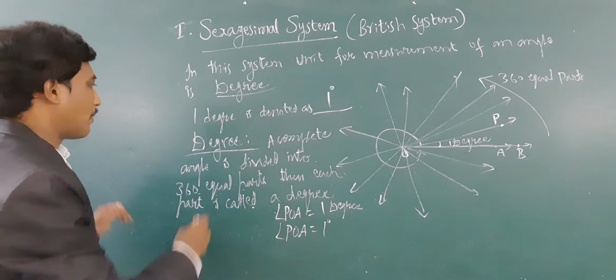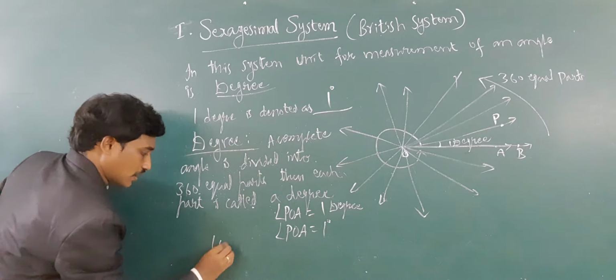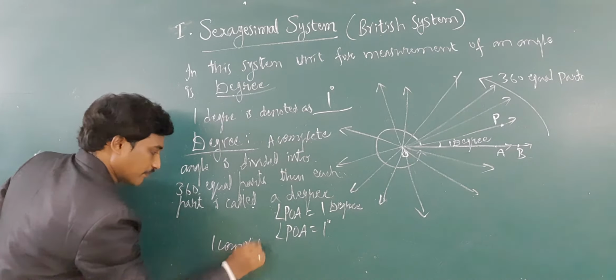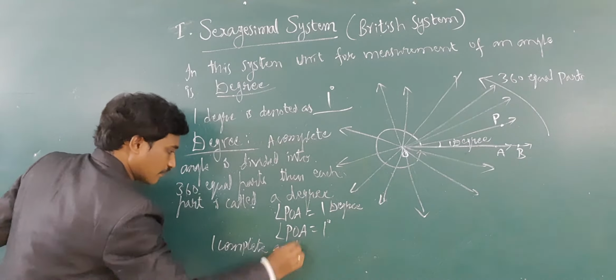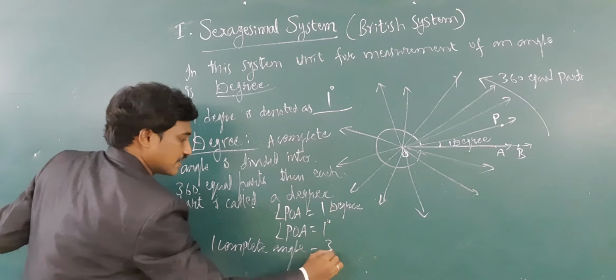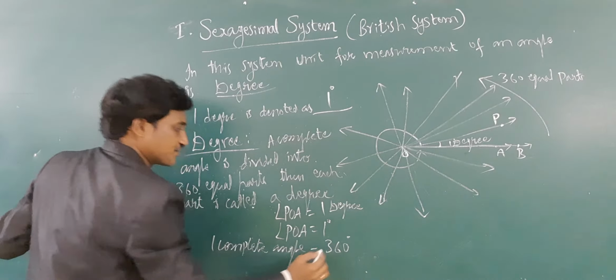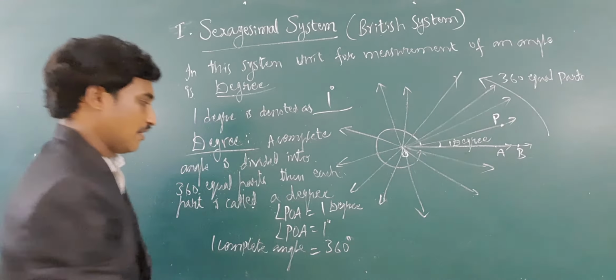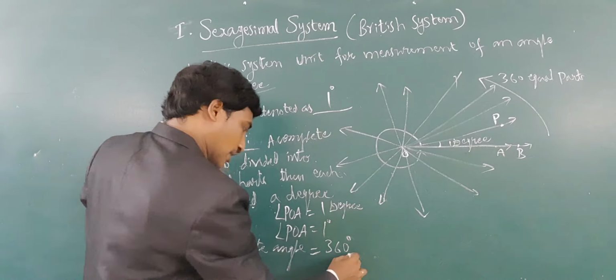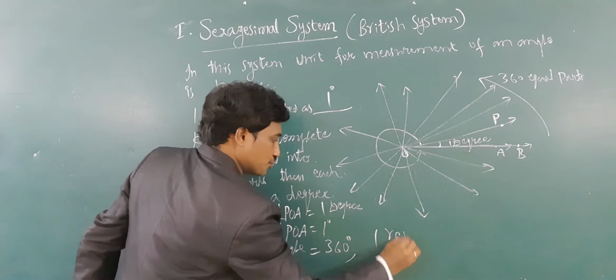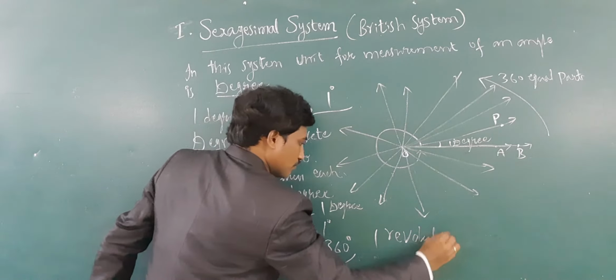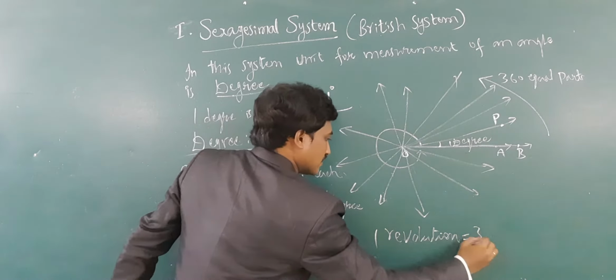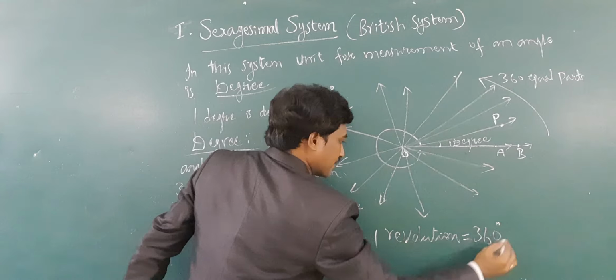So one complete angle is equal to 360 degrees. Or we can write, one revolution is equal to 360 degrees.